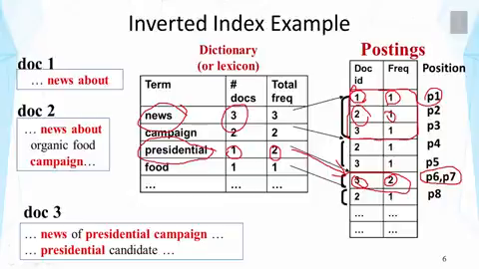Now, the position information is very useful for checking whether the matching of query terms is actually within a small window of, let's say, 5 words or 10 words, or whether the matching of the 2 query terms is in fact a phrase of 2 words. So this can all be checked quickly by using the position information.